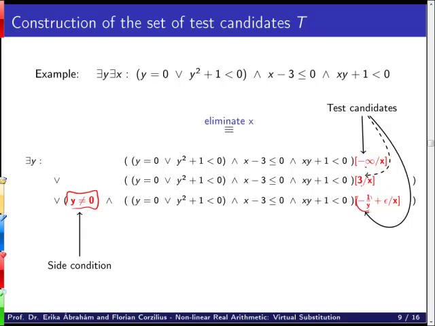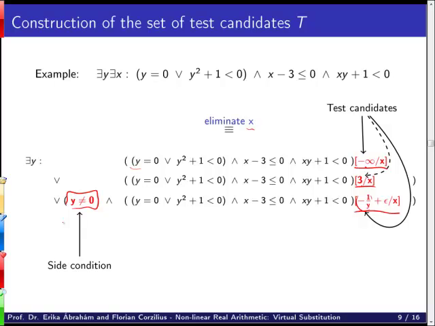And which is important to note is that the side condition never contains x. Yeah, so this is very important because we want to get rid of x in this elimination step. And if you take a look here, if you apply the substitutions, then x does not appear anymore in these partial formulas, and here does not appear as well.